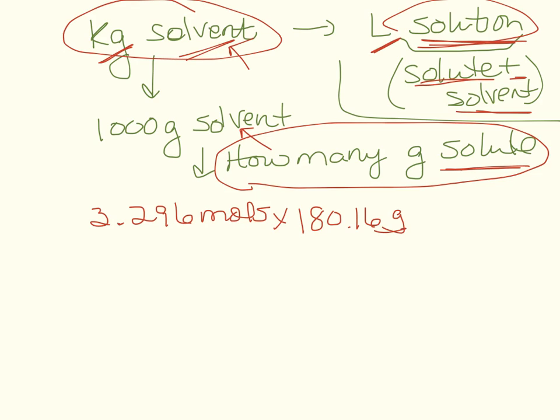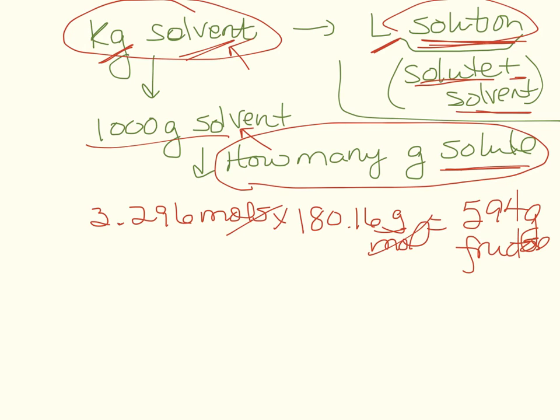That will give us the grams of fructose we have in 1 kilogram. So let me punch that in my calculator. And that gives us 594 grams of fructose in 1,000 grams of solvent.